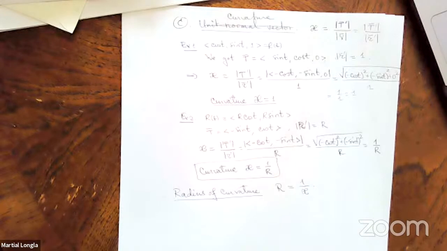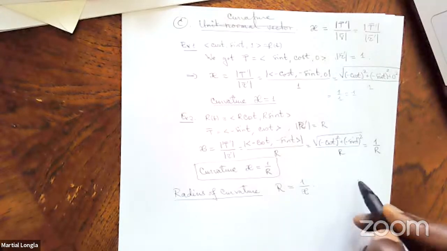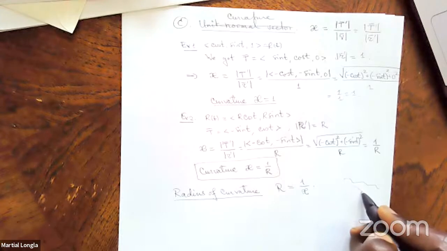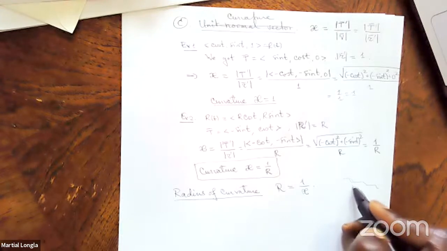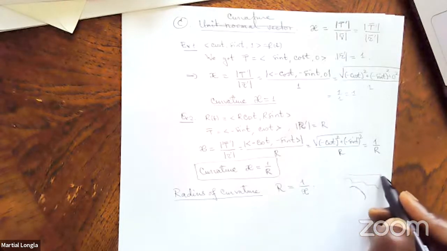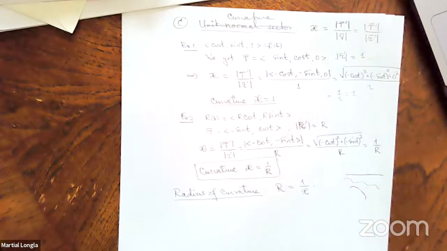It gives a sense of what the radius of a circle that would approximate the curve locally is. So the more you are bent, the smaller that radius is going to get, right? The flatter you get, the larger that radius is going to be.